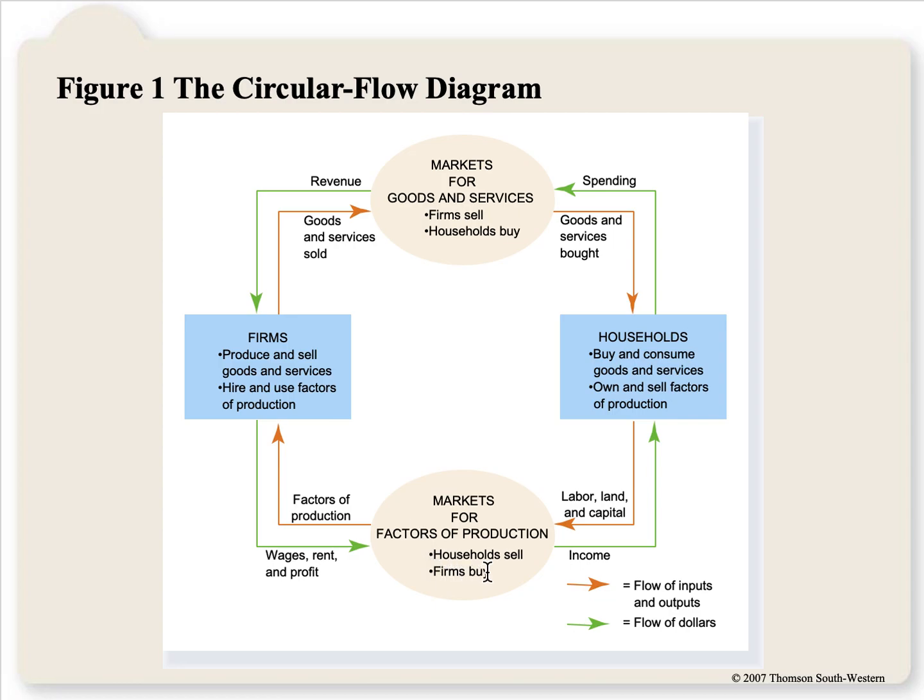The amount of time they spend in the labor market, which is used by the firm to produce, will help them to generate income, and this income will turn into expenditure or spending made by the household, and the process will continue.